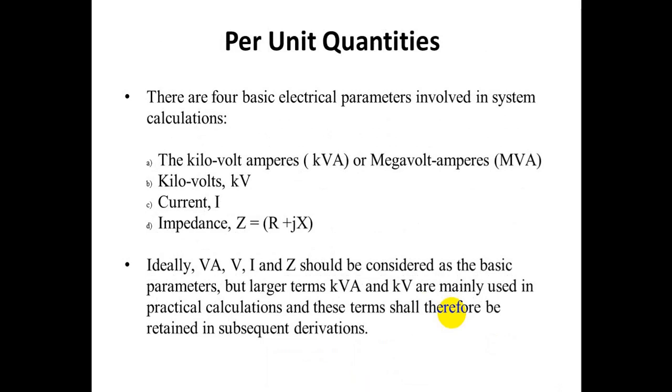So the first was power, the second is the voltage, normally in kilovolt, then we have current, and the fourth one is the impedance, denoted by Z, which is the combination of resistance and reactance, normally written as R plus jX. These are the 4 basic electrical parameters used in system calculations, and ideally we have VA as volt ampere, or voltage, current and impedance as the standard basic parameters.